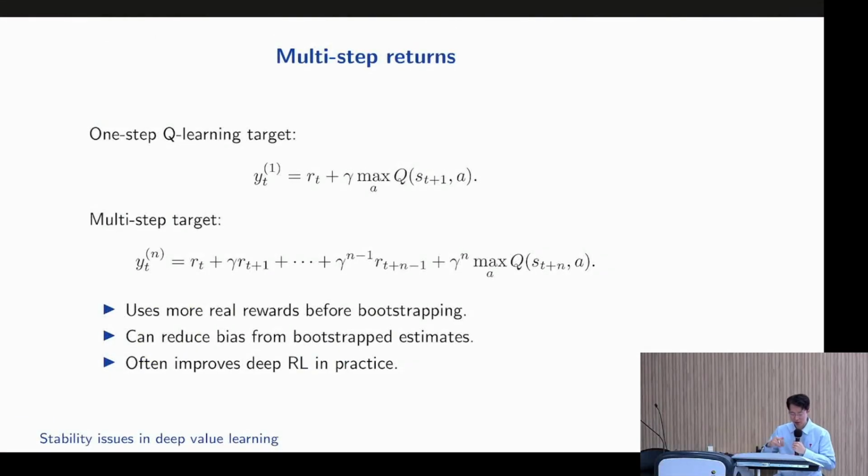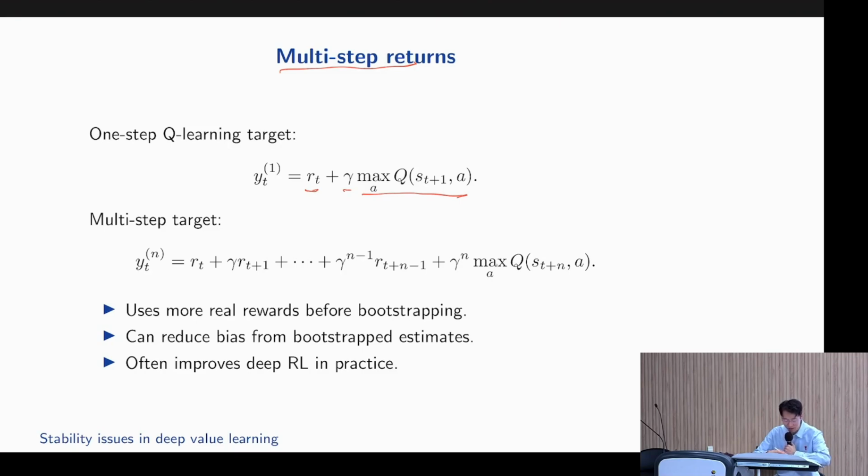Another approach would be to use multi-step returns. When we talked about Monte Carlo-based TD0, I also said you can use multi-step returns, TD lambda or TD1, TD2, etc. Right now our one-step target is the immediate reward plus the discount times the estimated next state Q value.